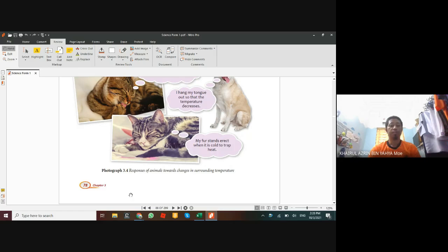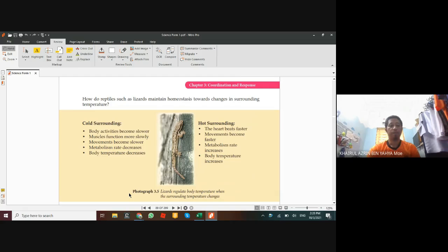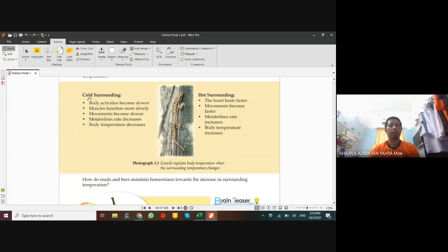Next, how do reptiles such as lizards maintain homeostasis towards change in surrounding temperature? We have two surroundings: first cold surrounding, second hot surrounding. This is an example of a lizard. Photograph 3.5, lizards regulate body temperature when the surrounding temperature changes. In cold surrounding, body activities become slower, menjadi lebih perlahan.